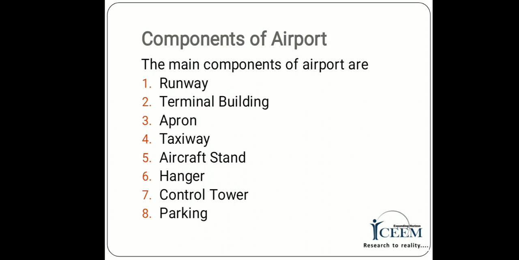The intersection of runway and taxiway should be given proper attention because during turning operation this part comes under intense loading. If it is weaker, then the aeroplanes may fall down from taxiway.